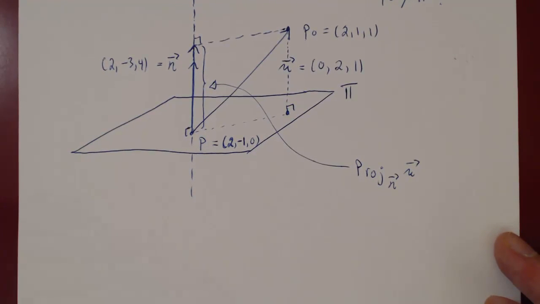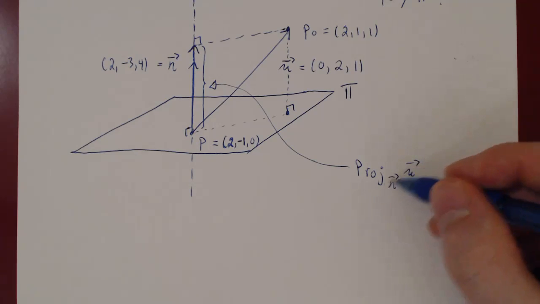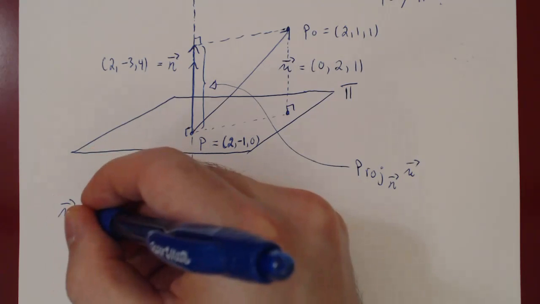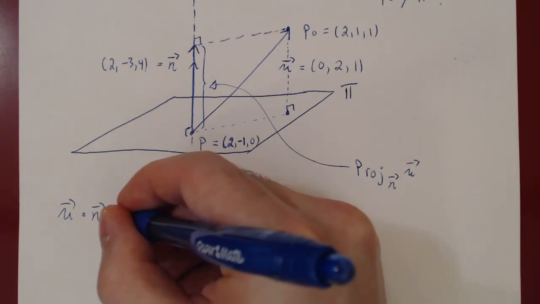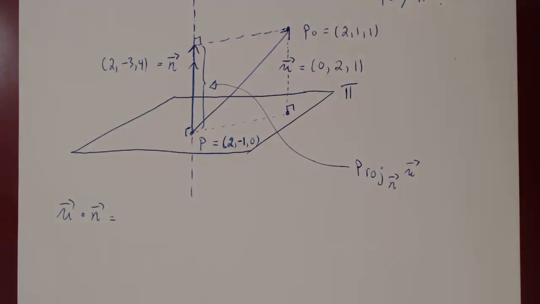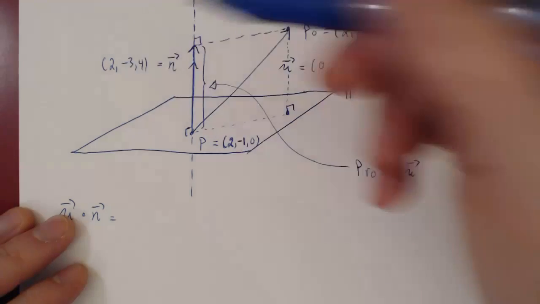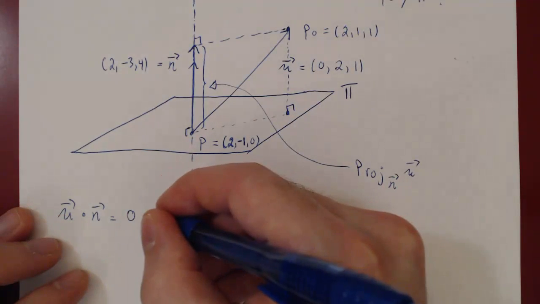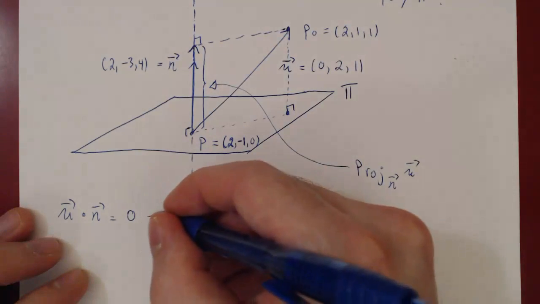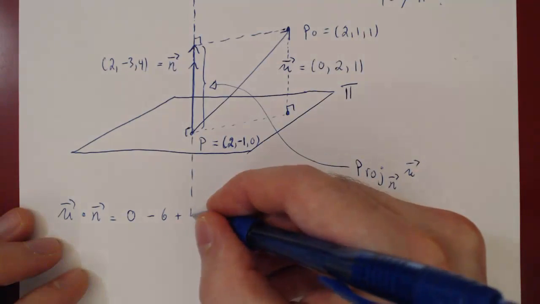Well, what we need for the projection, if you recall, is the dot product between u and n over n dot n. So let's compute u dot n. So u dotted with n. As always, we multiply corresponding entries and we add them up. So 0 times 2 is 0, plus 2 times negative 3 is negative 6, plus 1 times 4, plus 4.